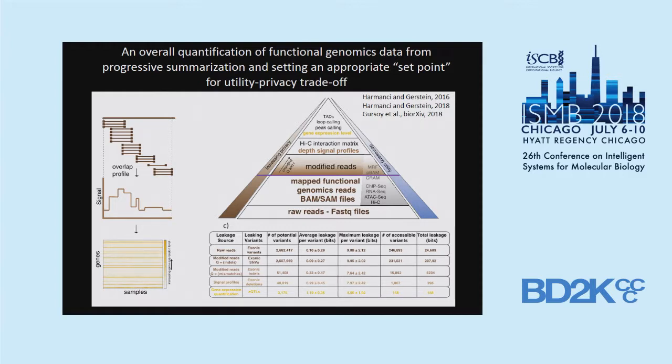We showed this year that we can quantify the leakage from the signal profiles, and then in 2016 we showed that we can quantify the leakage from the gene expression matrices. As you can see, our modified reads, where the PBAM files sit, are here. In this triangle, as you go down, the utility of these files is huge because they are raw files. You can do anything with them.